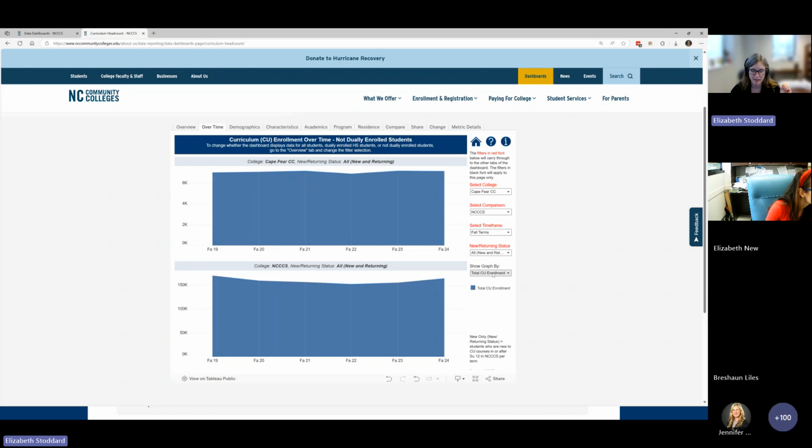And a cool thing I like to do here is show graph by filter. Right now we have total CU enrollment selected, so we're just looking at trends in our total non-dually enrolled curriculum enrollment.